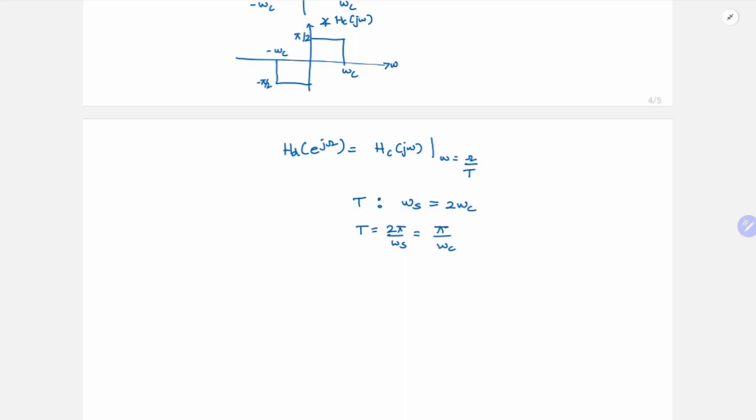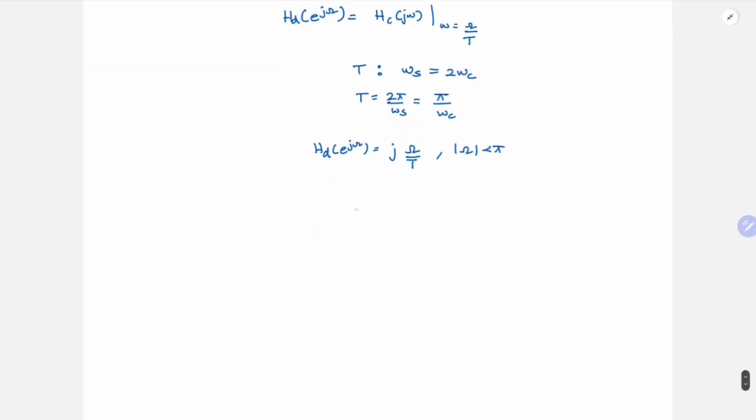So then my Hd(e^jω) will be Hc(jω/T), and my |ωs| should be less than π because I'm exactly taking it as 2ωc. So it will look like this.